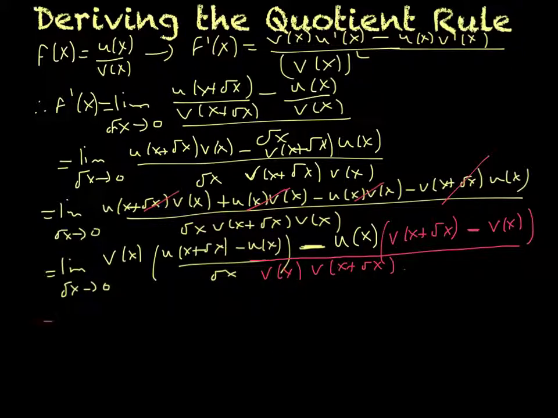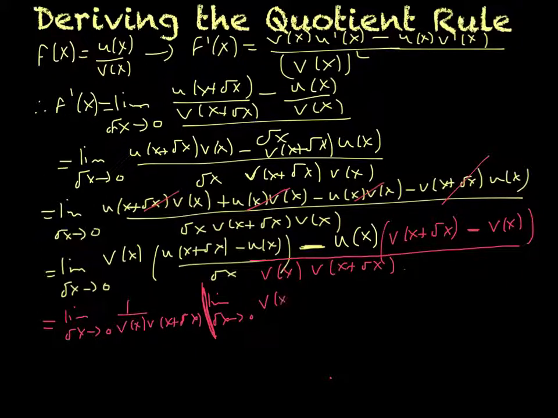And now this is looking absolutely lovely. So we're going to split our limits up separately just to show you what's going on. So we have our v of x plus delta x here. Limit as delta x tends to 0, remember this is all times, because I'm taking that denominator out, this is all times v of x, but remember that v of x has nothing to do with delta x.